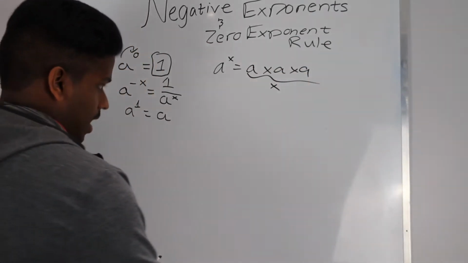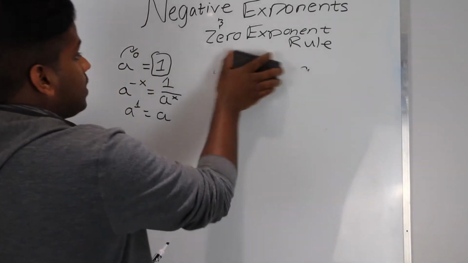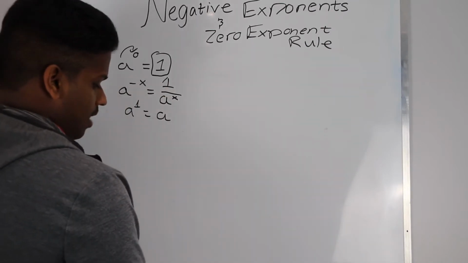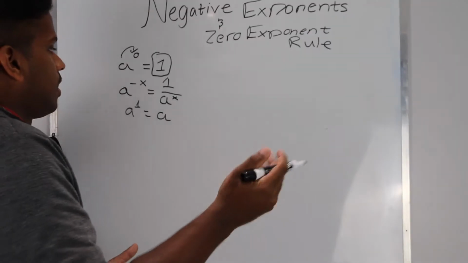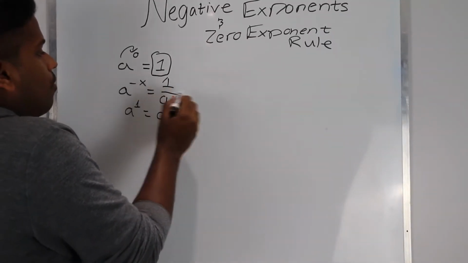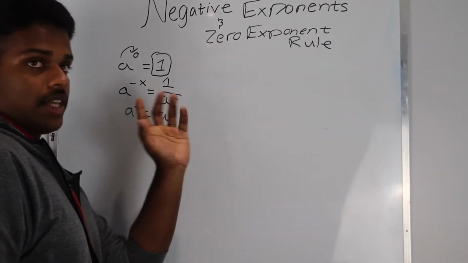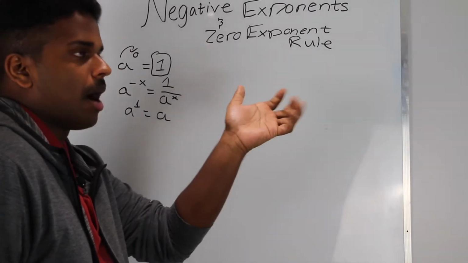In this case, A raised to negative X gives you 1 over the opposite positive power.